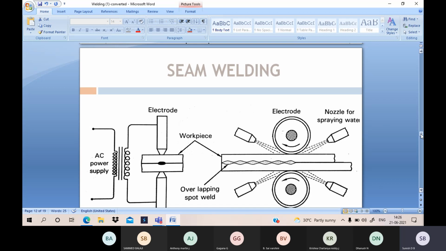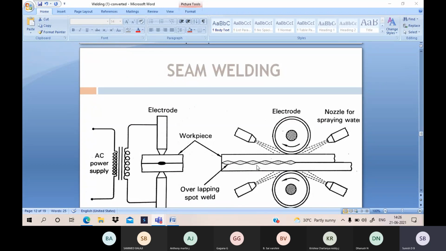The electrodes act like rollers. Visible, right? Yes, sir. Okay, see here we are using two electrodes, and the electrodes act like rollers. Both the electrodes are rotated in opposite directions. In between the two electrode rollers, you can introduce both the pieces of material.